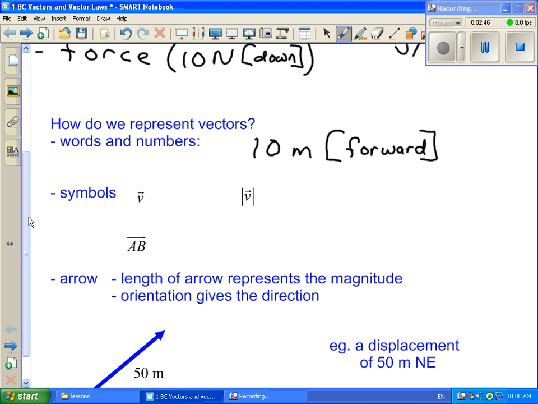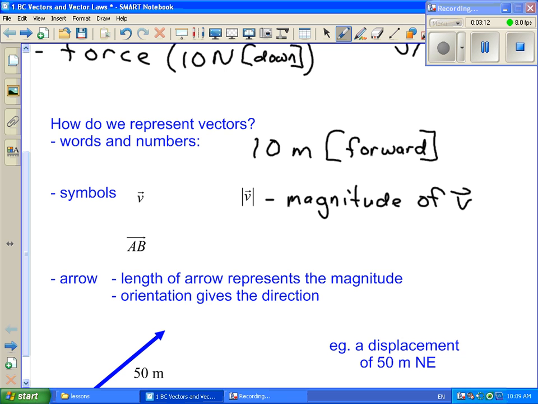These two absolute value bars around our vector tell us we're talking about the absolute value of that vector, or just the magnitude of that vector V. If we're only interested in the magnitude, we've turned that vector into a scalar by taking the absolute value of it.